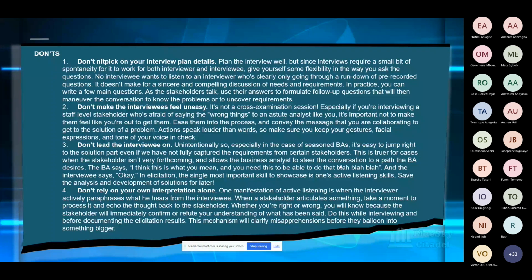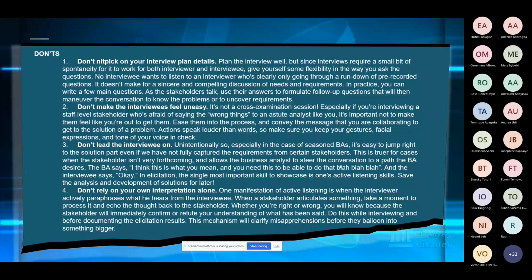Be careful not to say, oh, I think this is what we should do, or this is what you need. Of course, you might have an idea of what they need in the future, but be careful so that you can get everything you need.